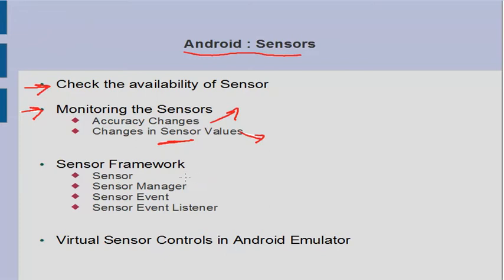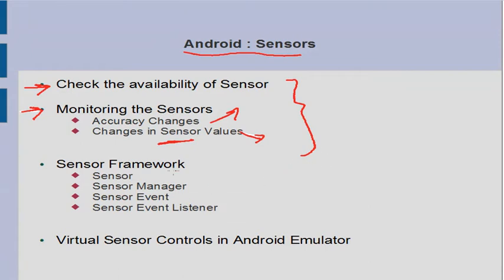In order to perform all these functions, like checking the availability of the sensor or monitoring the sensors, we have in the Android framework, I would say, because you can also program Android in Eclipse and other tools as well. In our Android tool for programming, we are using Android Studio.